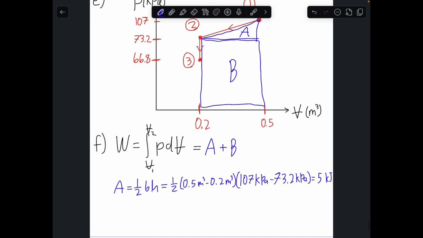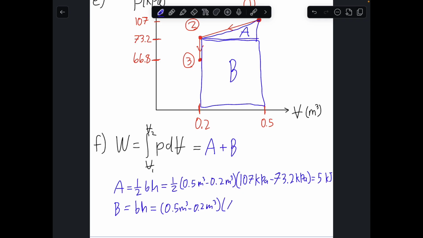And then for B, we know our area of a rectangle is just base times height or length times width or whatever you prefer. So in this case, the base is going to be the same thing, just the change in volume. So that will be 0.5 meters cubed minus 0.2 meters cubed times the height, which in this case is just going to be equal to our pressure at state 2.